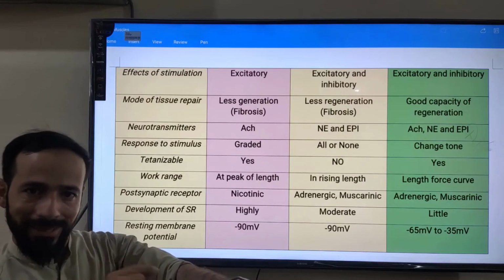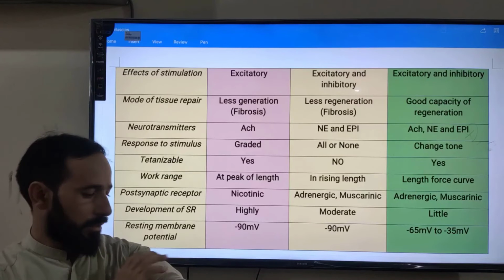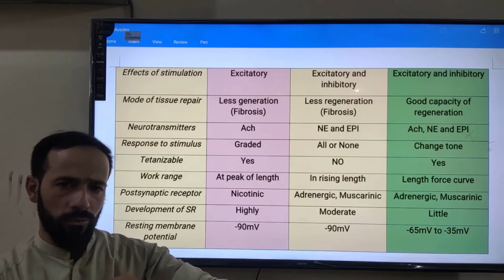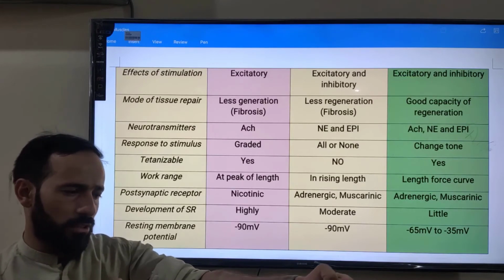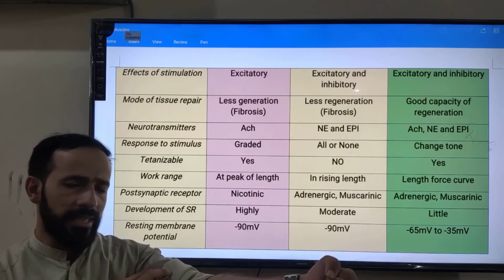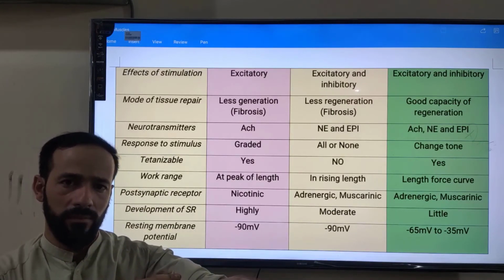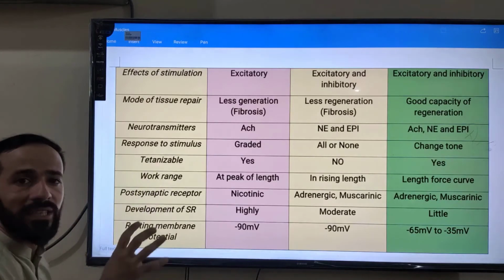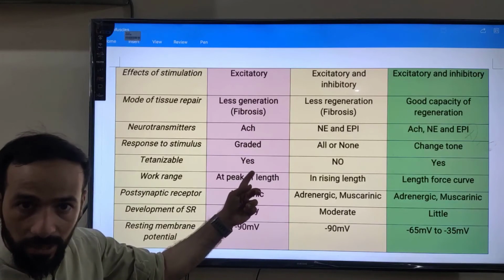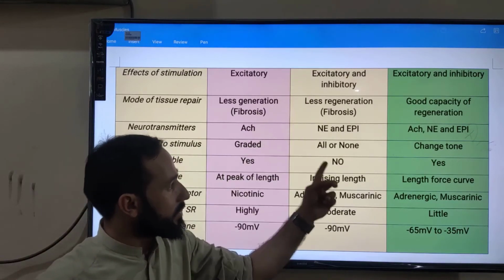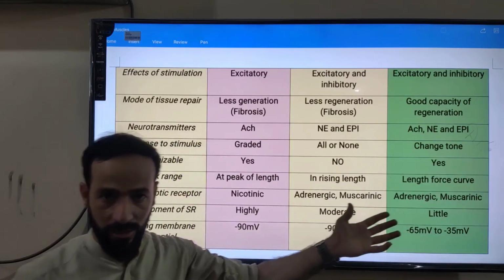If you stimulate one muscle many times, for example, you stimulate the biceps muscle with more and more motor impulses, so that lots of motor impulses will cause the muscle to either contract strongly or relax strongly, right? So this property is called tetanizable. So our skeletal muscles are tetanizable, right? Our cardiac muscles are not tetanizable, and our smooth muscles are also tetanizable.